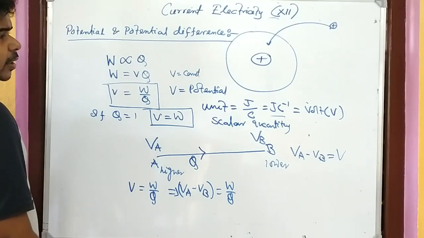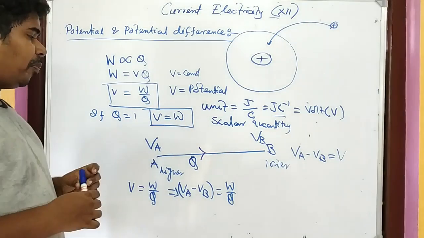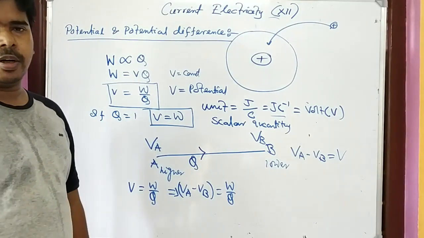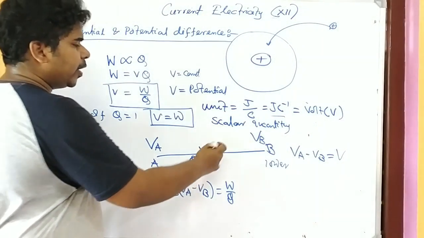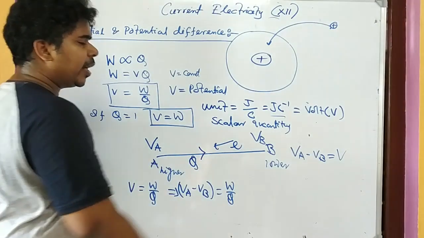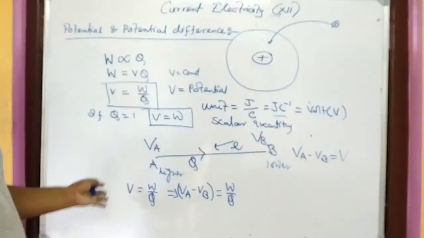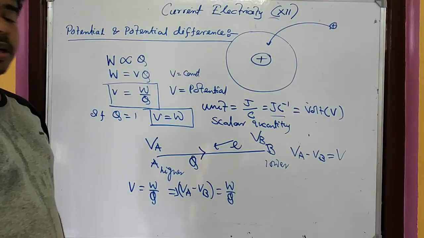So it is clear that without potential difference, we are not able to pass a charge from one point to another point. If I am talking about the direction of electrons, definitely the electrons are going from negative or lower potential to higher potential, and from higher to lower the current is passing, that is the positive charges.